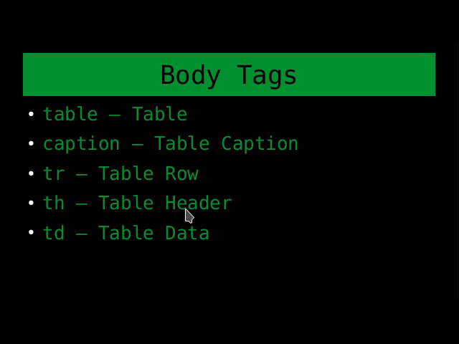Not like the head section of the document. It is more for a label for a column or a label for a row. Anything which is really a label on there should be a TH. And then there's also TD, which is table data, which is a more normal cell.